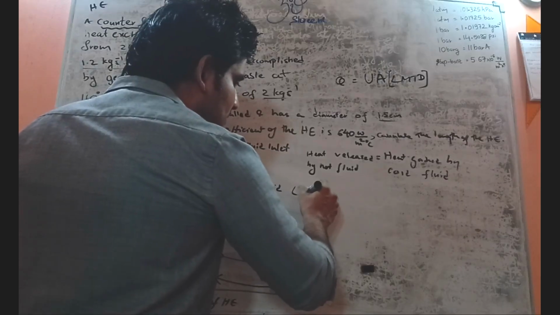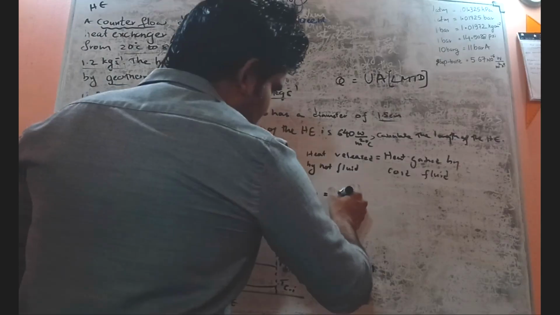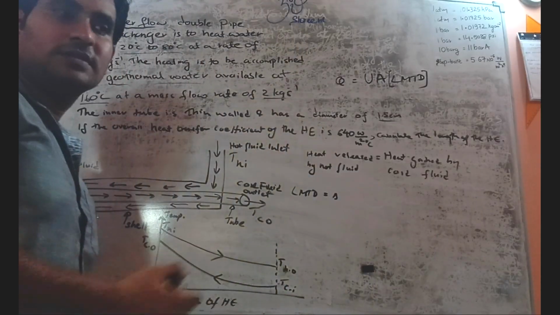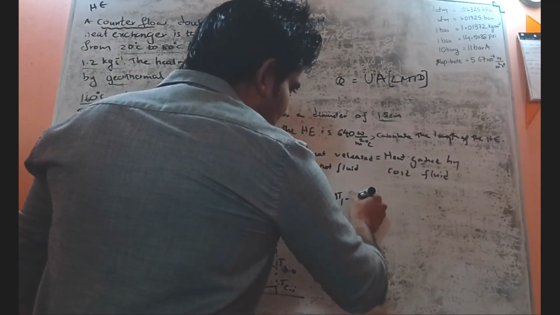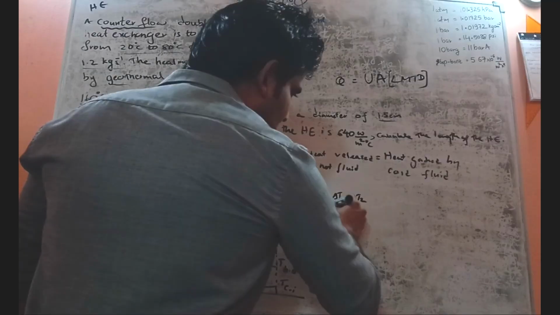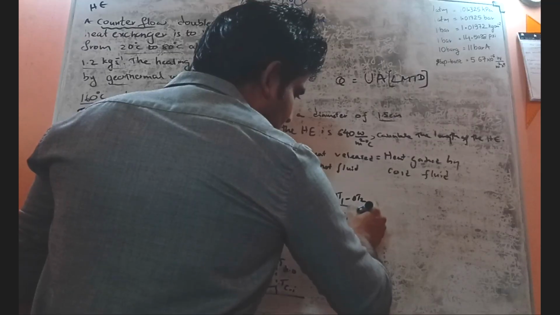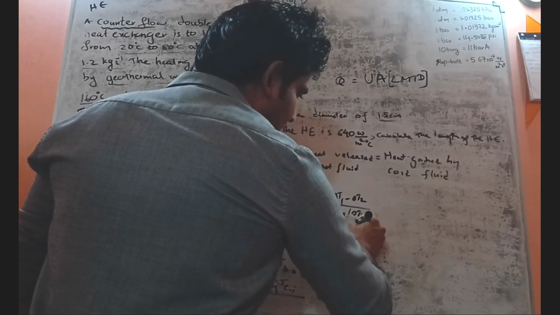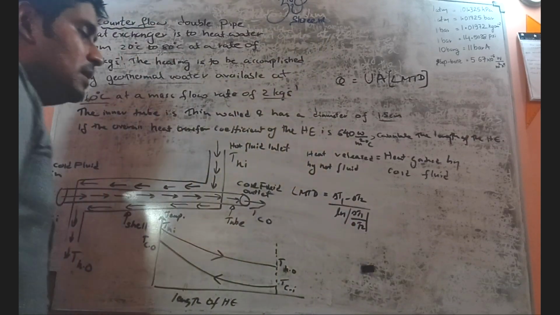Logarithmic mean temperature difference equals, remember these notations, delta T1 minus delta T2 divided by ln of delta T1 divided by delta T2. So this is the equation.